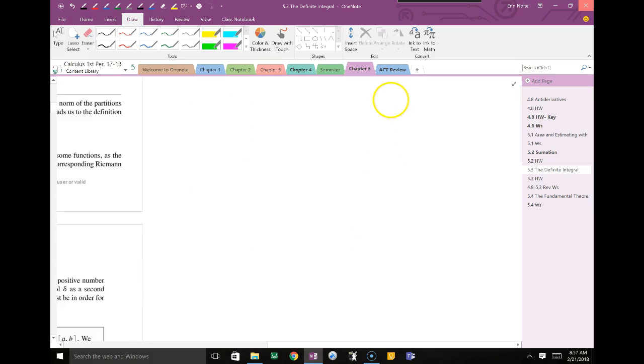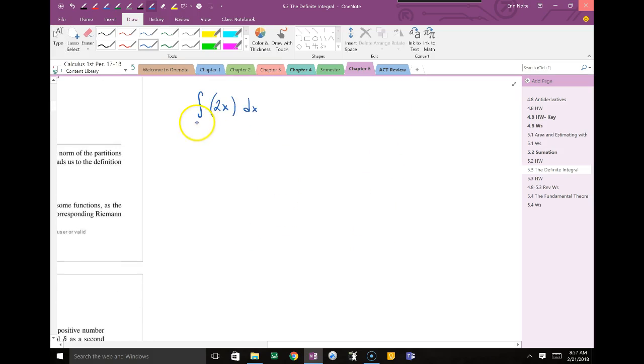For example, if I was going to find the area underneath a curve such as 2x, I could draw 2x. It would have a slope of up 2 over 1, a straight line. We could define the region, and let's say we go from 1 to 3. So 1 to 3 would be this area right here.